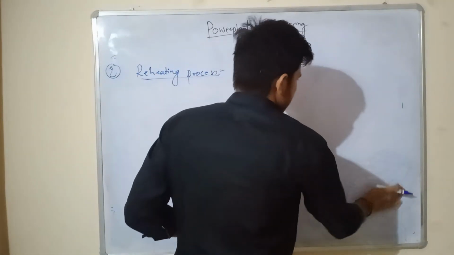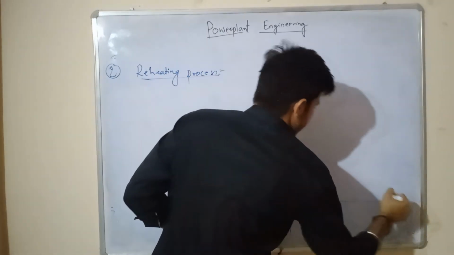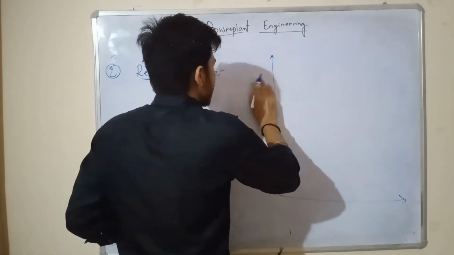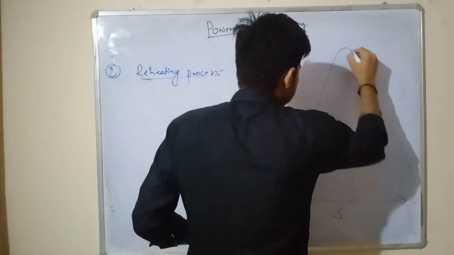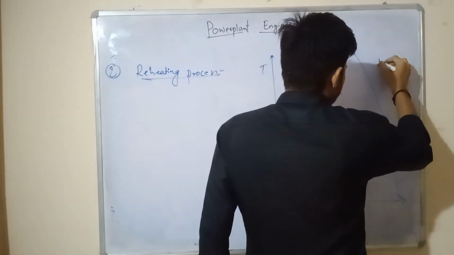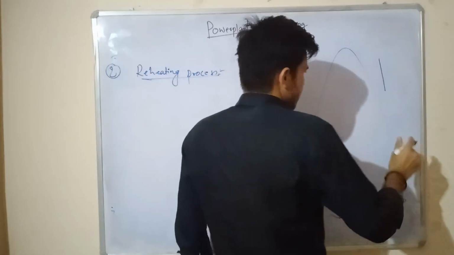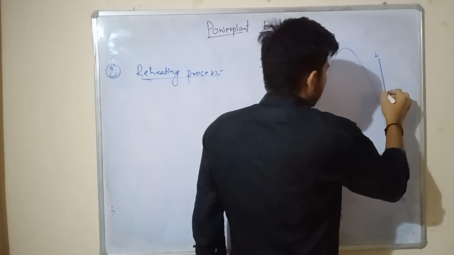There is a block diagram also. I am explaining this in a TS diagram. Just observe it. This is our vapor saturation curve. Now first, the steam is partially expanded from 1 to 2.